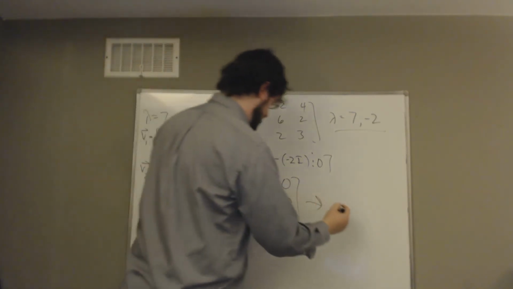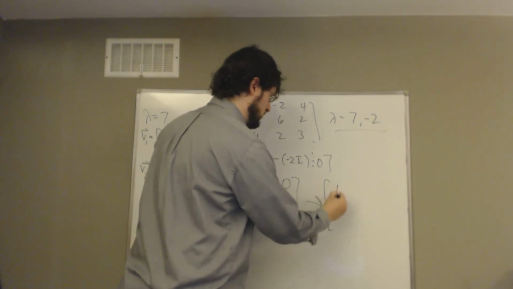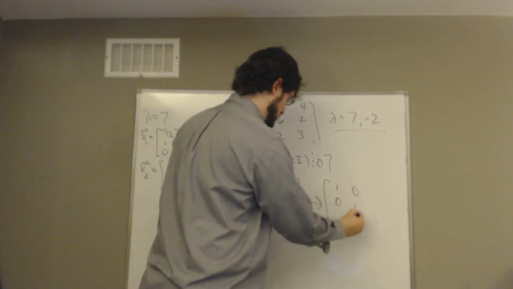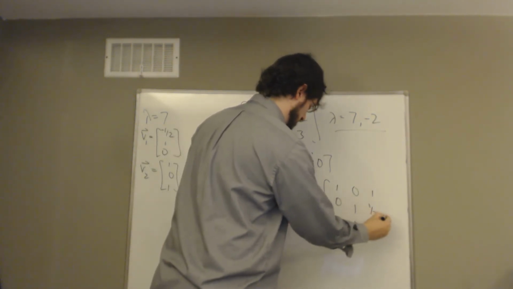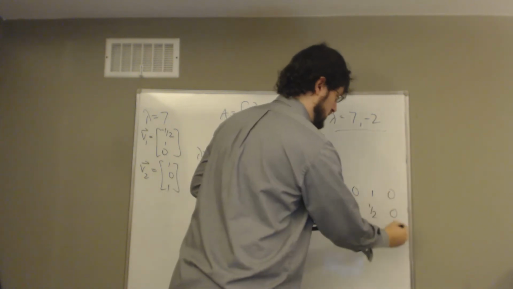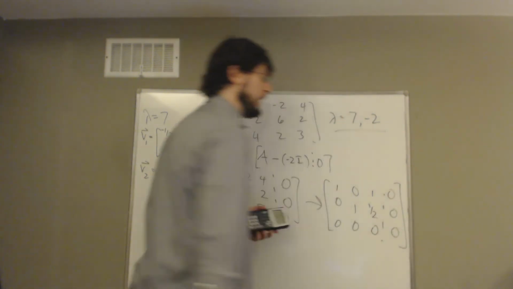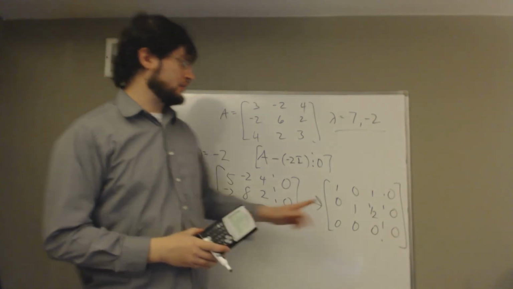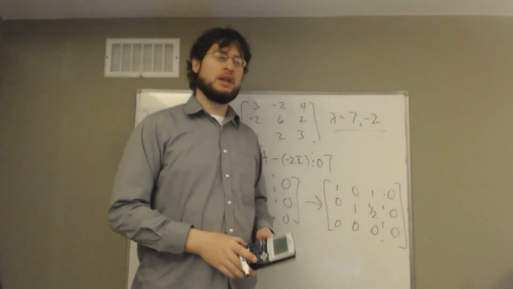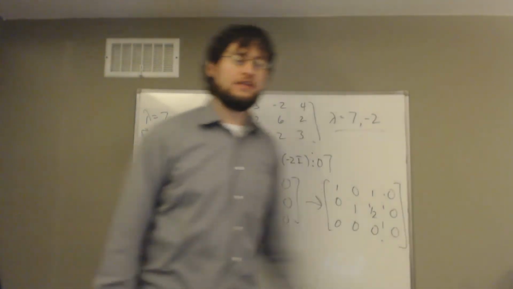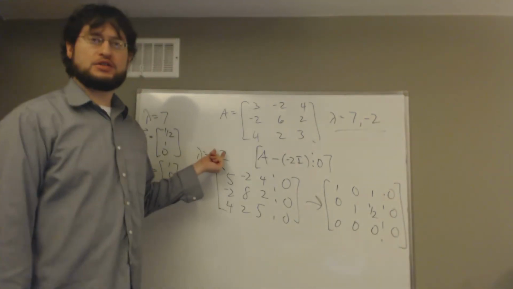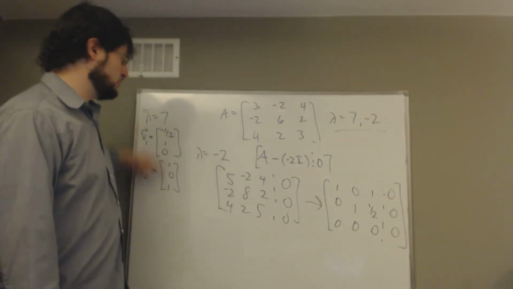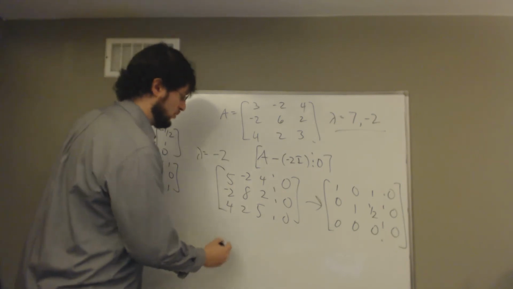And if we do that, what we get is 1, 0, 1, 0, 1, 1/2, 0, 0, 0. And now we only get 1 free variable. x3 is the only free variable, which means we'll get 1 eigenvector for lambda equals minus 2, which is great because we already had 2, so we knew that the most we could get is 1 more.